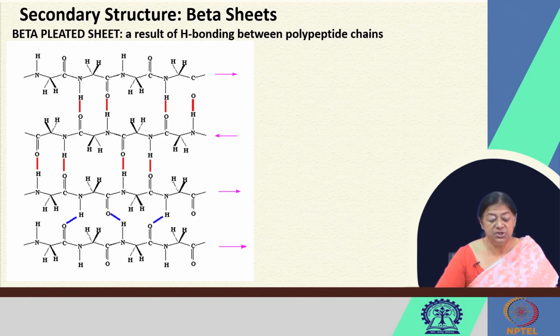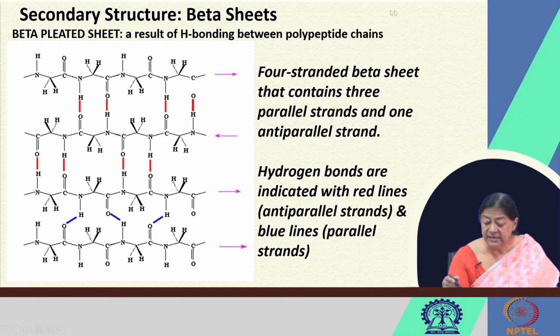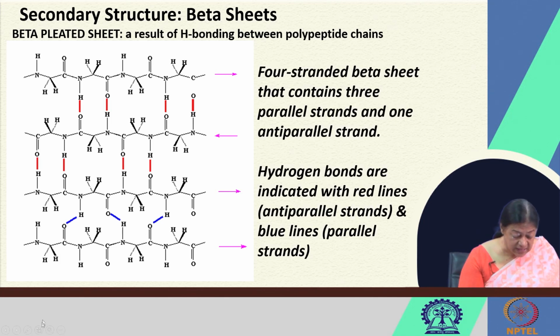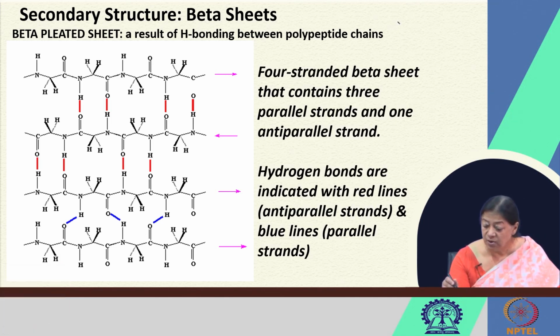For the beta sheets, what we observe is the hydrogen bonding pattern again between the polypeptide chains. Now, what we observed in the hydrogen bonding pattern is a pattern that looks at a specific set where we have again the C double bond O hydrogen bonded to the NH.